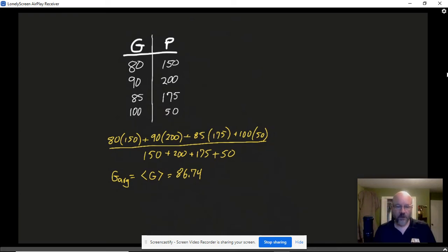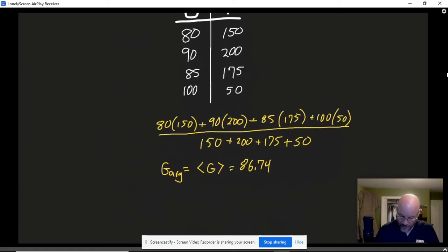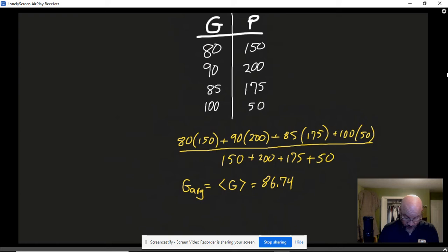So what I want to do is say, in terms of an equation, what have we done here? We added up the grade times the number of points, and then we divided by adding up just the number of points.